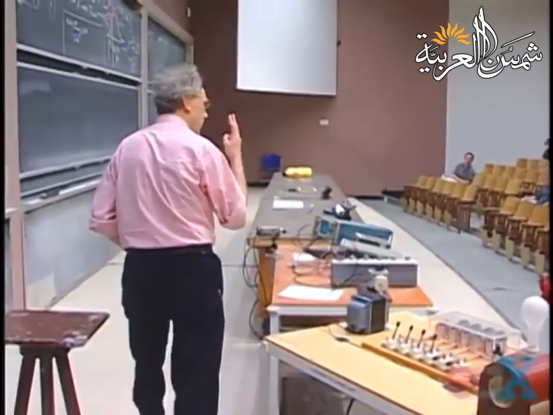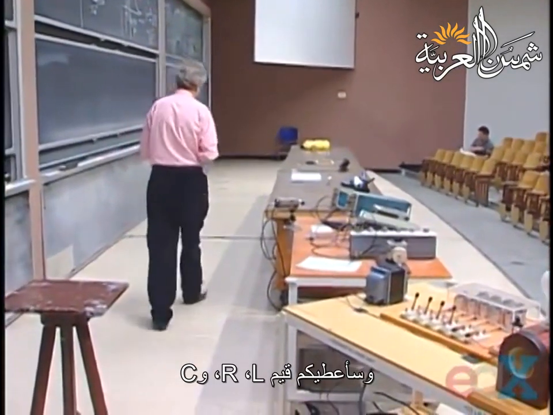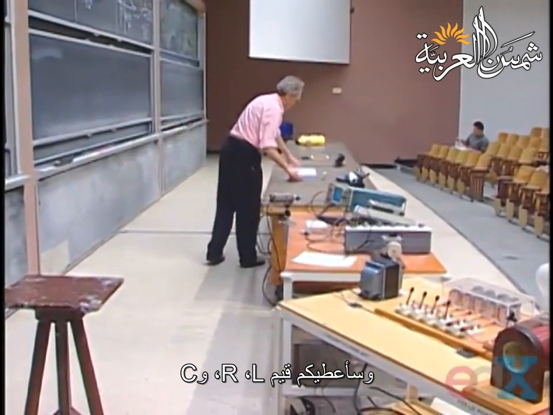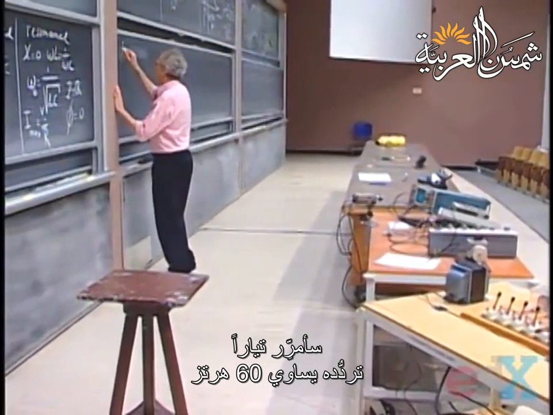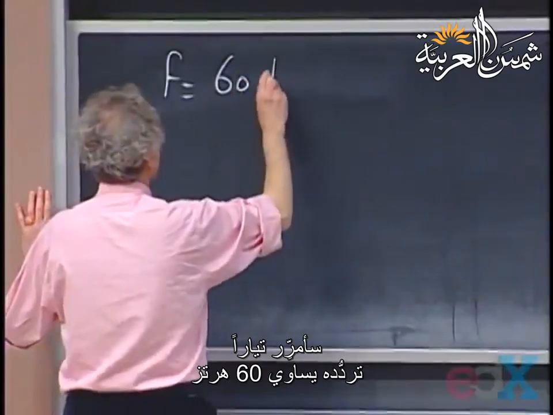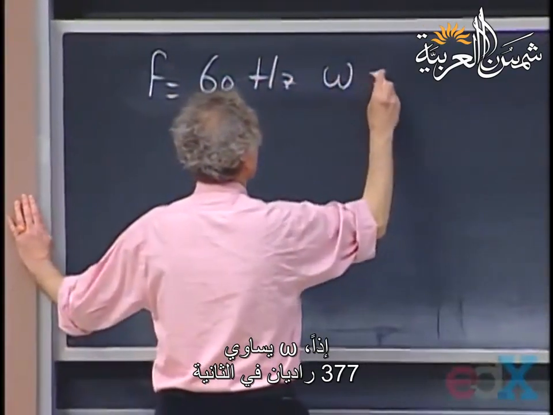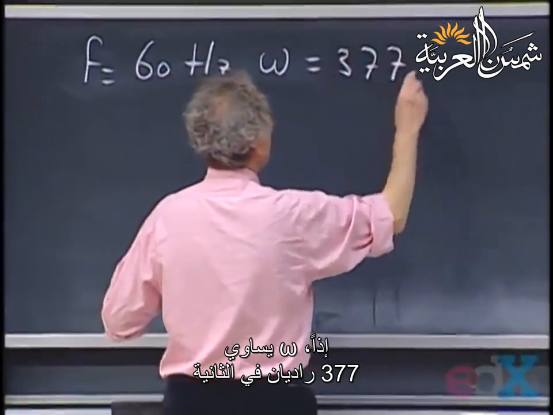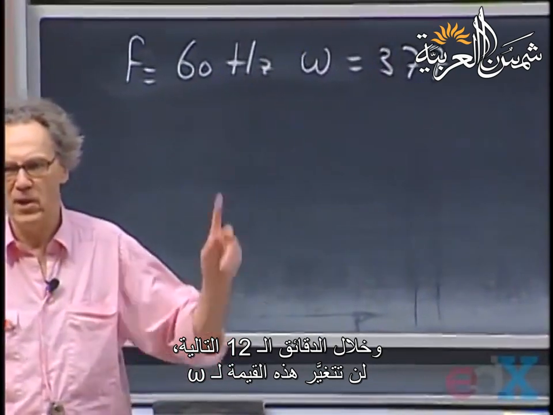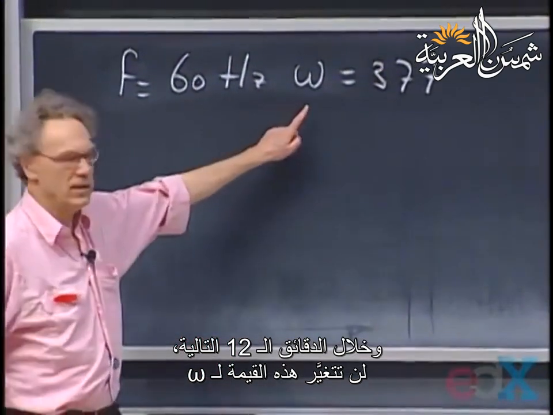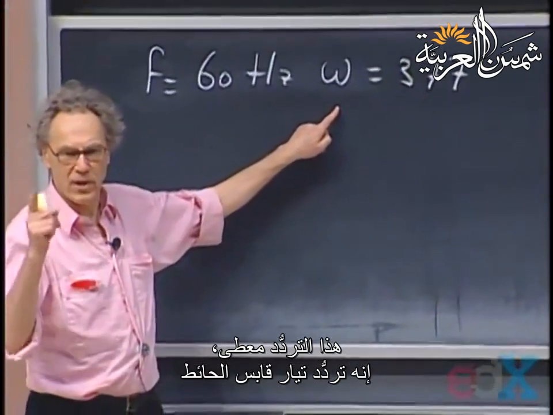I have an LRC circuit, and I will give you the values for L, for R, and for C. I'm going to drive it at 60 hertz. So omega equals 377 radians per second. And whatever you're going to see for the next 12 minutes, that is not going to change. That frequency is a given.